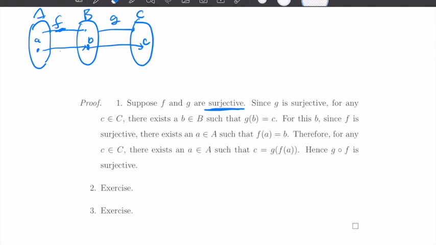So that means if we map this A by F and then map this element by G, we get C, right?